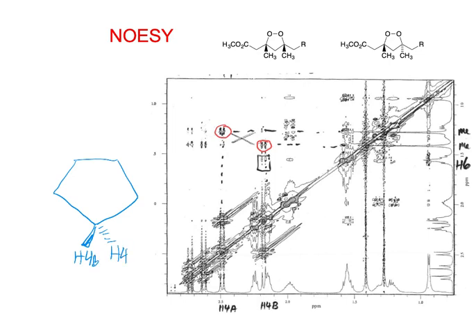So this was B before and A, and now if I draw like this, in this case we have H4B goes to one methyl group, like here, and H4A goes to the other methyl group.